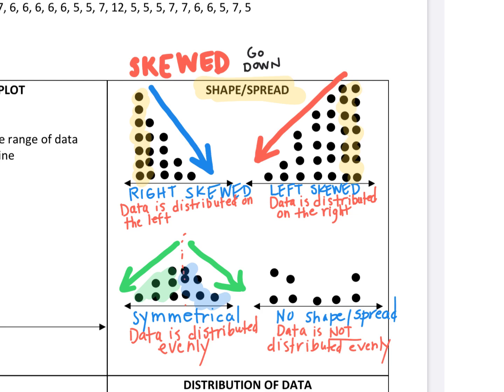And the last one, on my right hand side, is when the data isn't really distributed anywhere. It's just all over the place. There's really no shape to it. Now you're going to go to the next page so that you can do some practice identifying these different graphs.